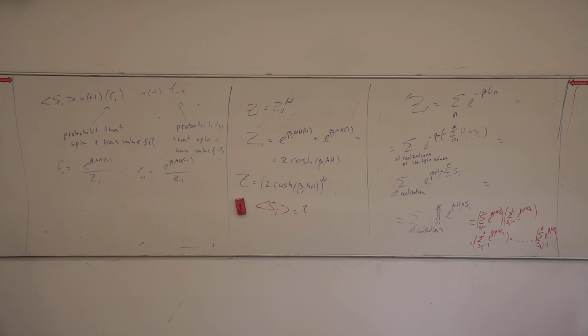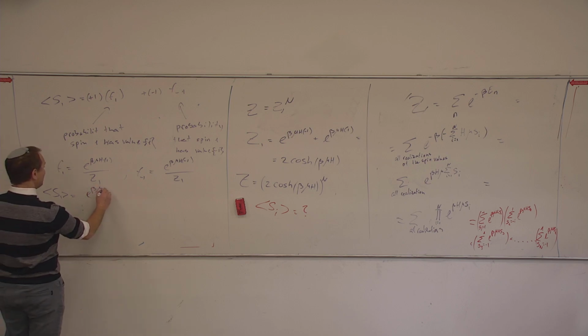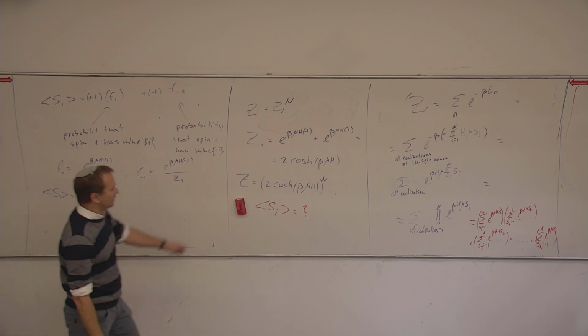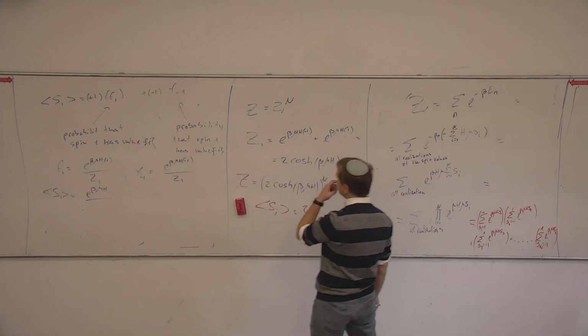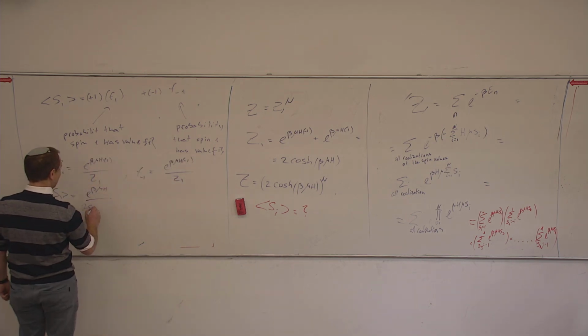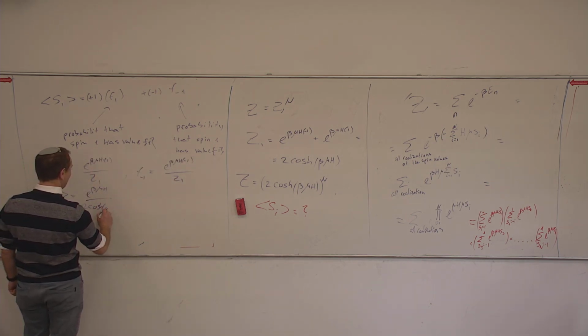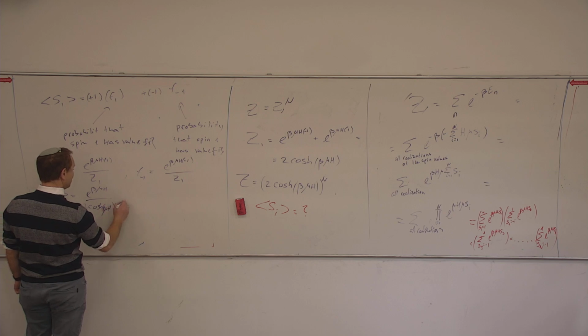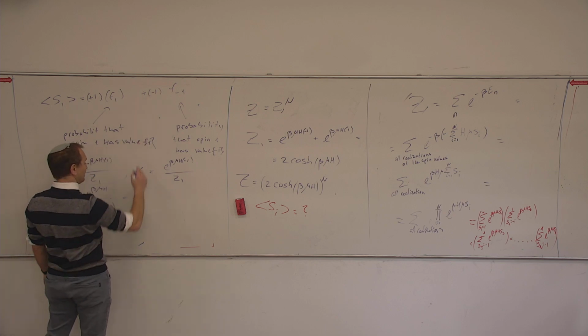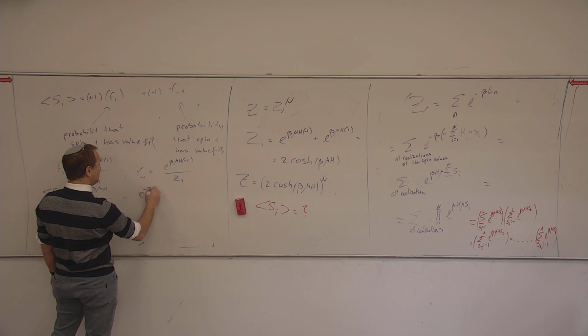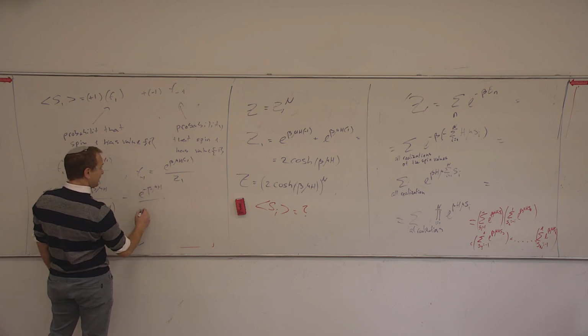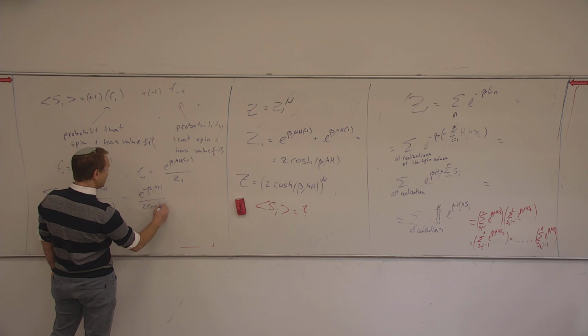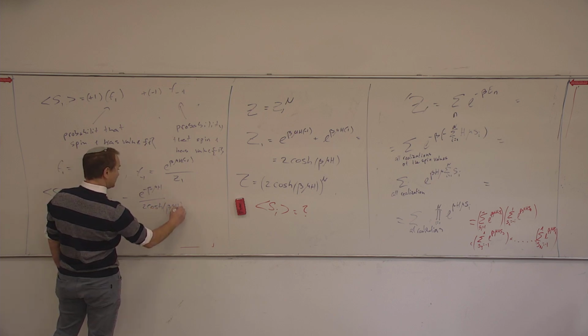Okay. So what would we have? S1 equals e to the power beta mu h divided by 2 hyperbolic cosine of beta mu h, minus, because of the minus sign over here, e to the power minus beta mu h divided by 2 hyperbolic cosine beta mu h.